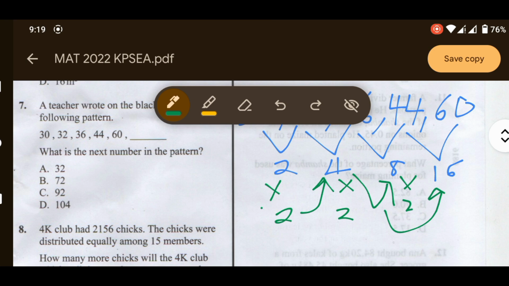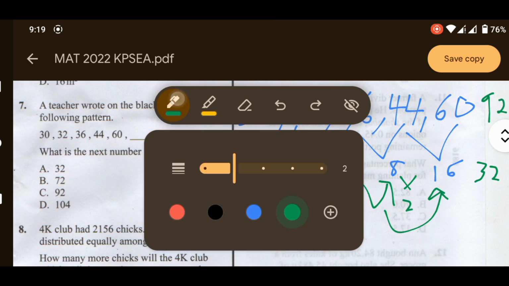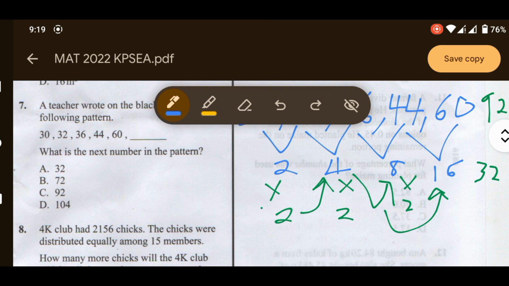So definitely the next number will be 16 times 2, which is 32. So we do 60 plus 32, and that answer would be 92. All right. So here the right answer is C.